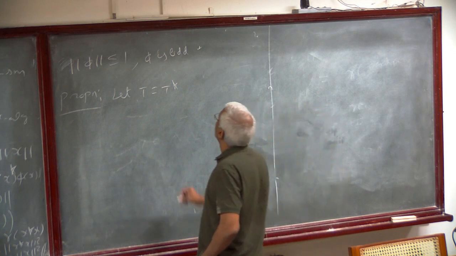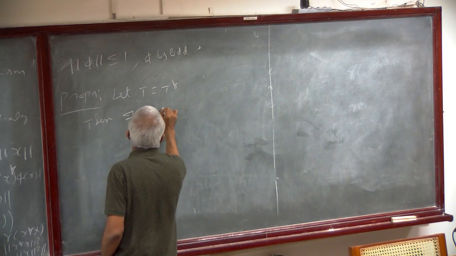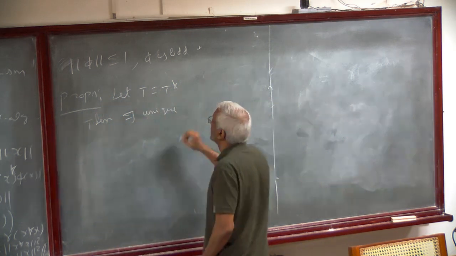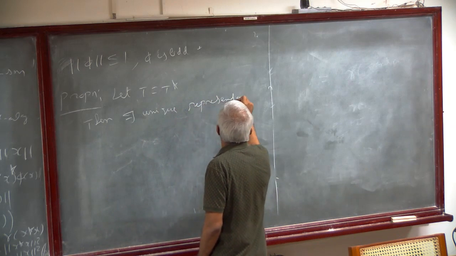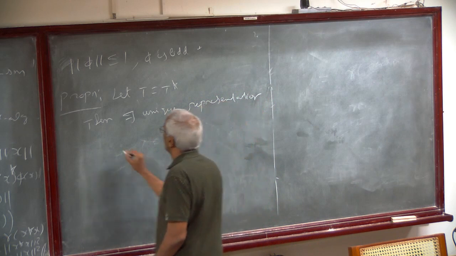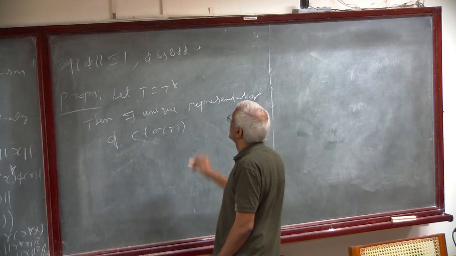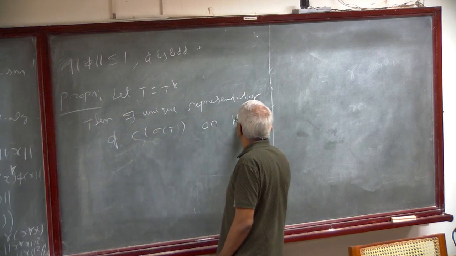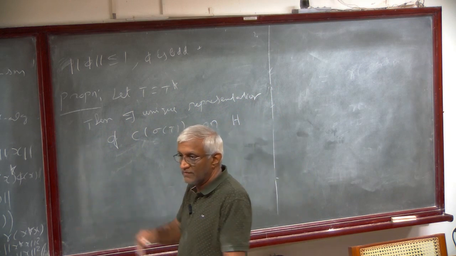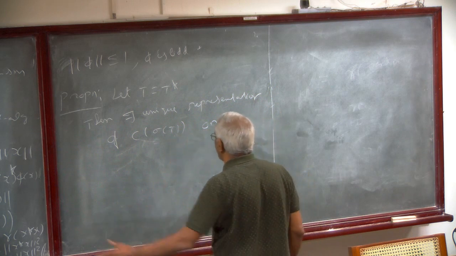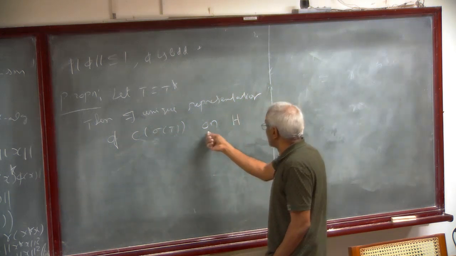Then there exists a unique homomorphism, or representation, of C of sigma of T on H. For a representation, we need a Hilbert space and of course a map, a homomorphism from the C-star algebra to B of H. So that's what we call the representation.